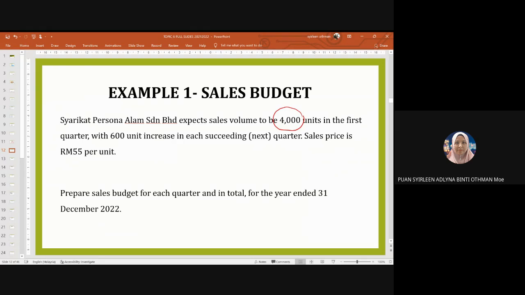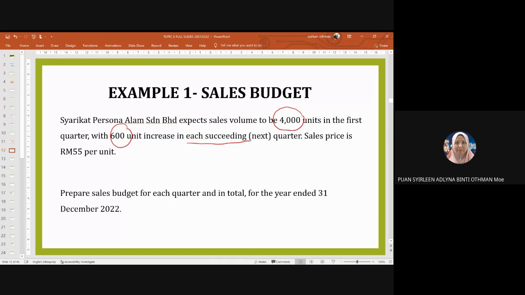With the increase, okay, of 600 units in each succeeding quarter. Okay, maksudnya the first quarter is going to be 4,000. Okay, dia akan increase every quarter 600, 600, 600. So that means the first quarter dia akan jadi 4,000. The second quarter dia akan jadi 4,600 and then the next quarter dia akan tambah lagi sekali 600.